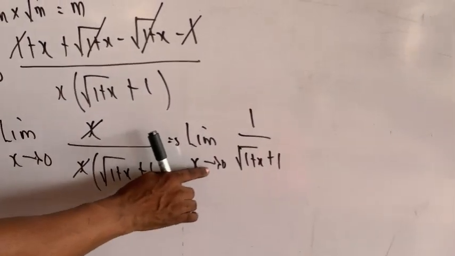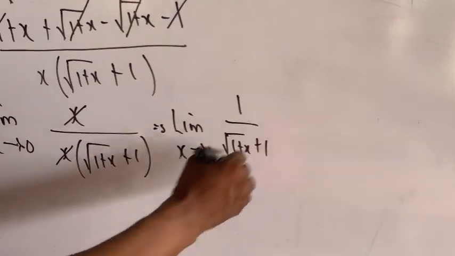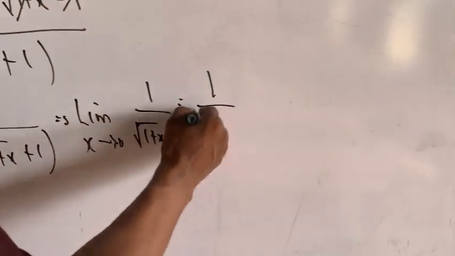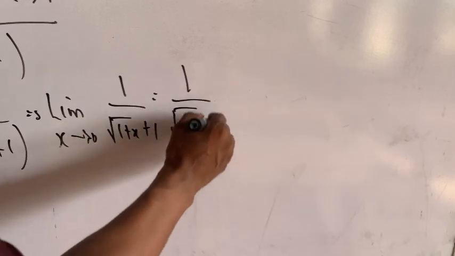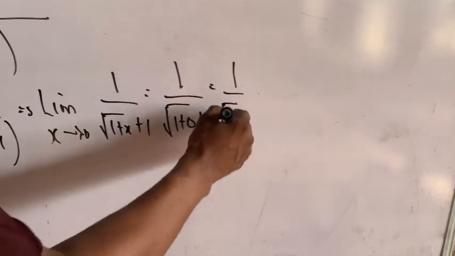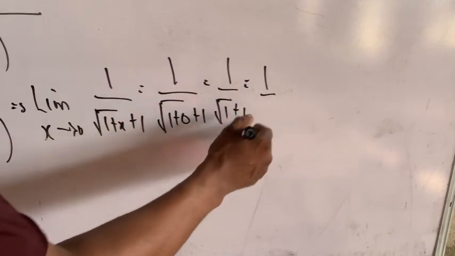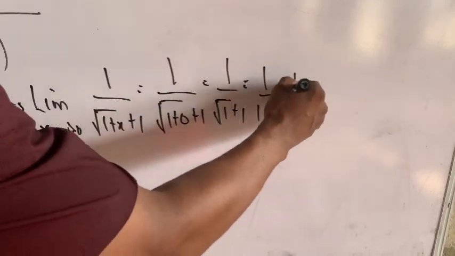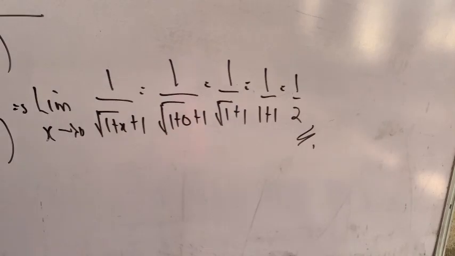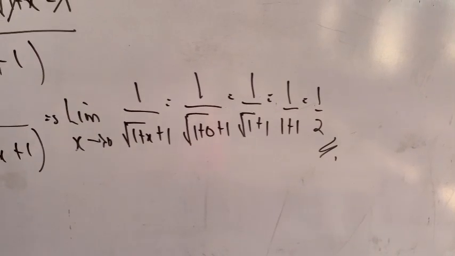Let's substitute x as 0 because x approaches 0. This gives 1 over root 1 plus 0 plus 1, which is 1 over root 1 plus 1, and the square root of 1 is 1, so 1 over 1 plus 1. Our answer is 1 over 2. So this is how to simplify the limit. Make sure your denominator is never 0.